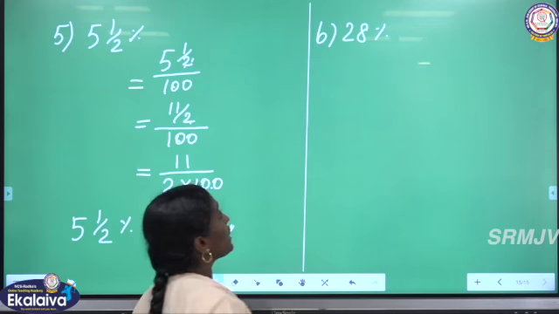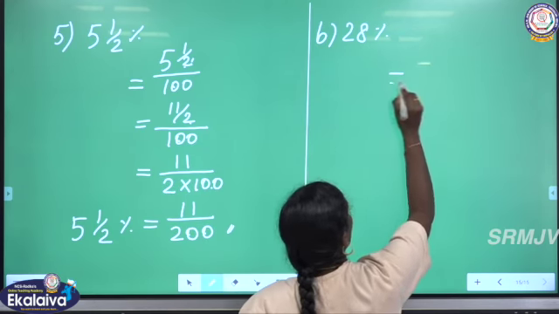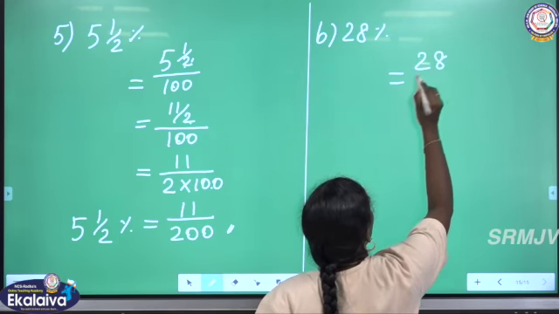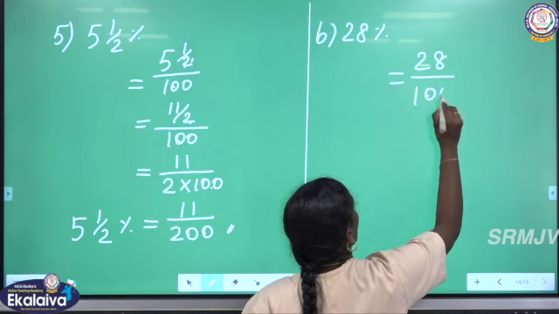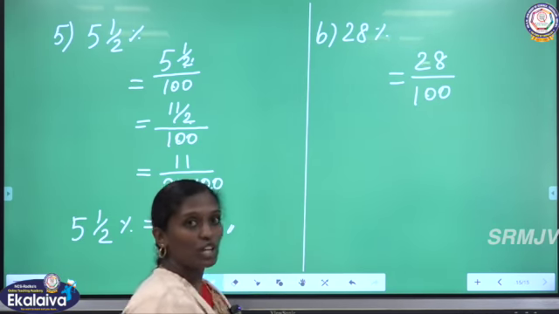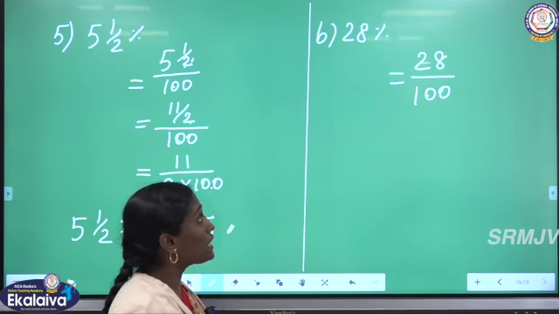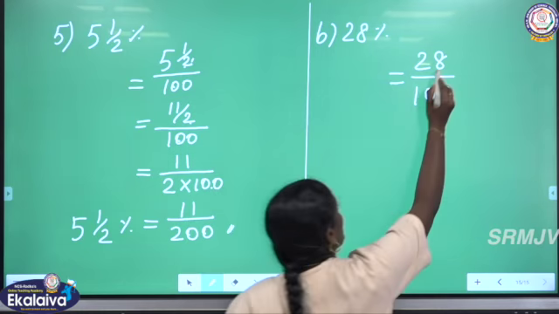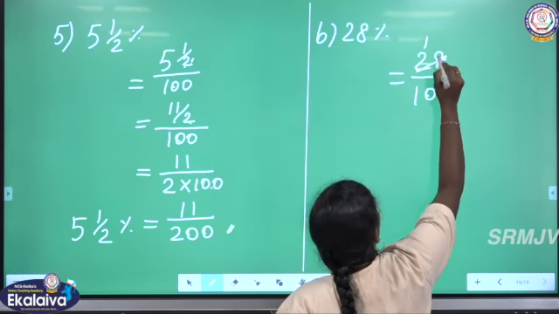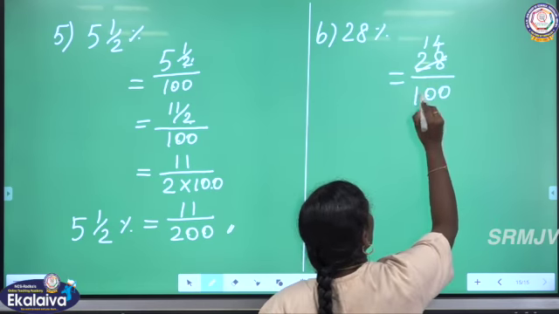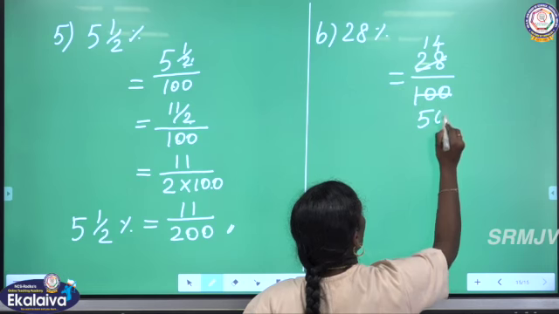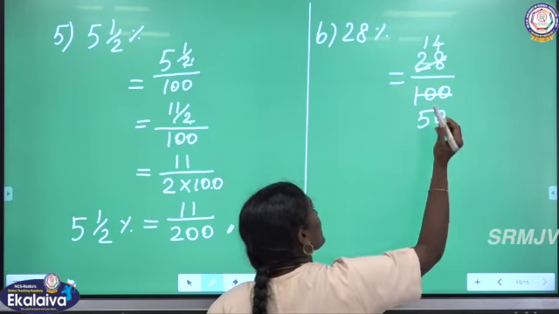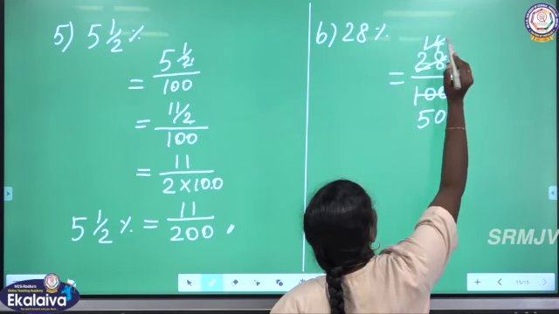The next one, 28 percentage. Here we can write as 28 by 100. Here both the numbers are even numbers, so we can reduce it in 2 table. In 2 table, 1 times 2, 2 table 4 times 8, here 50. Again both the numbers are even numbers, we can reduce it in 2 table.